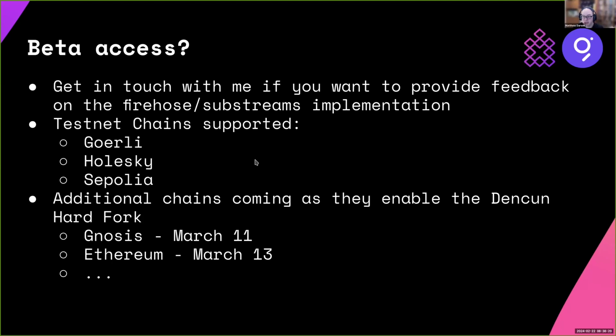We're planning to add the Firehose for the other chains as they go through that same hard fork. Gnosis is March 11th, and Ethereum is March 13th. I don't know when all the other chains are doing this. There's a lot of activity around EIP-4844, so stay tuned. We'll add other chains as well.